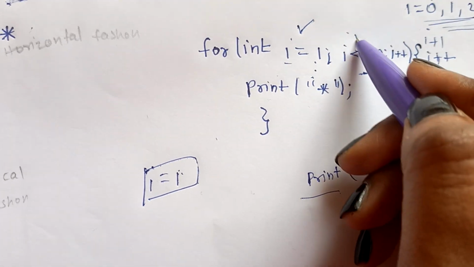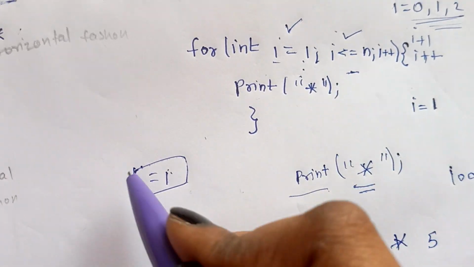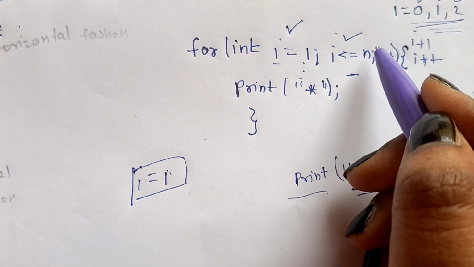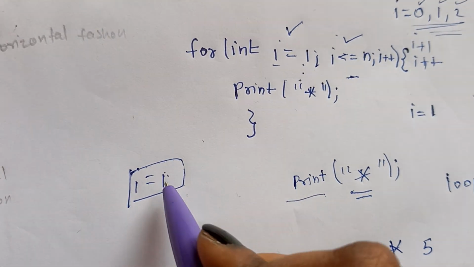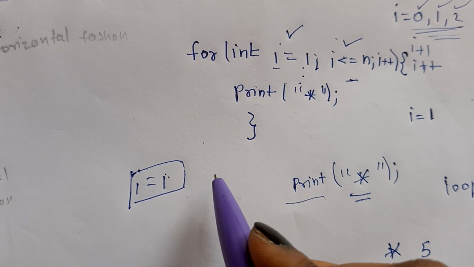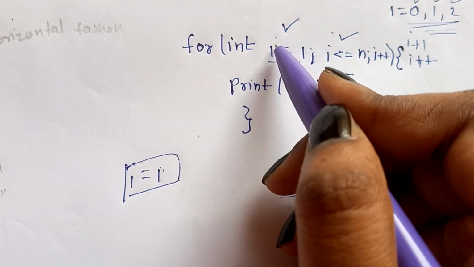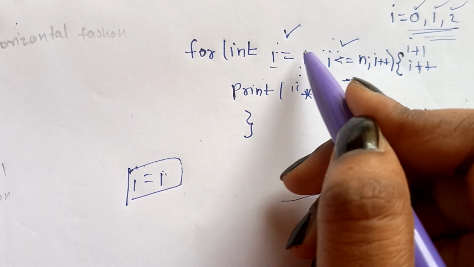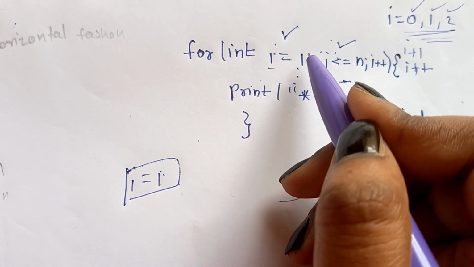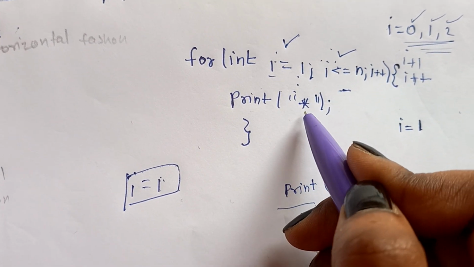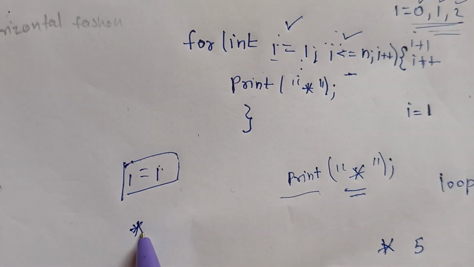Yes, it is true. So with I equal to 1, it goes into the loop and prints a star, like this.